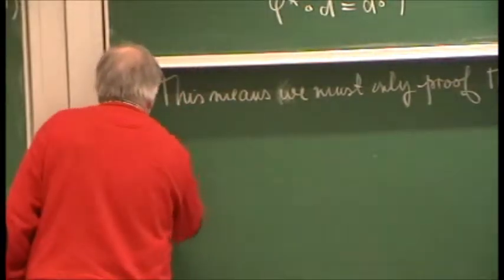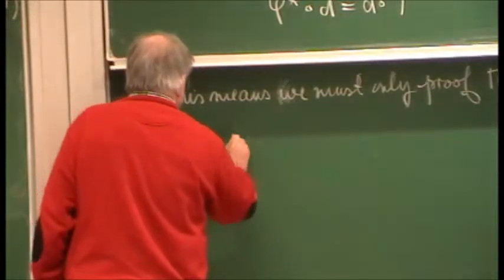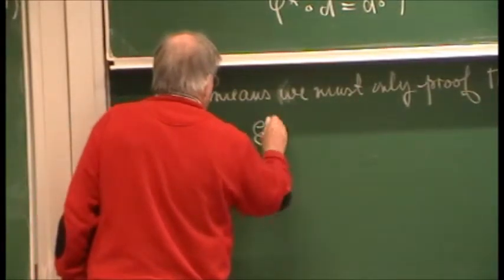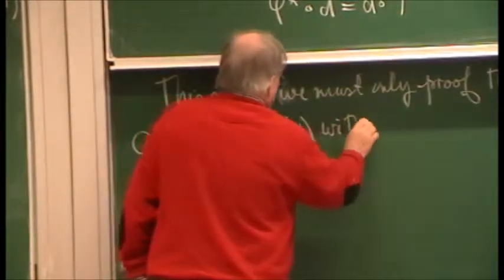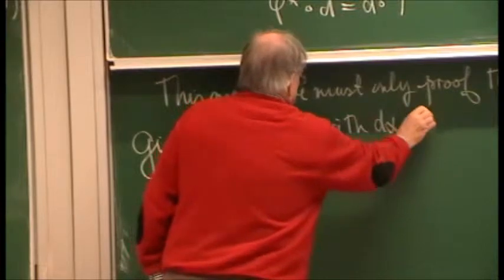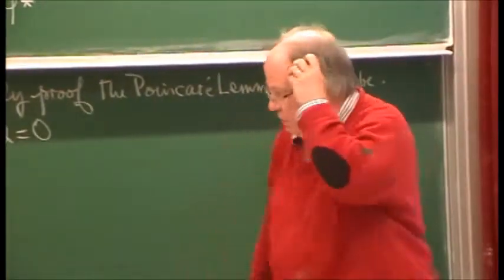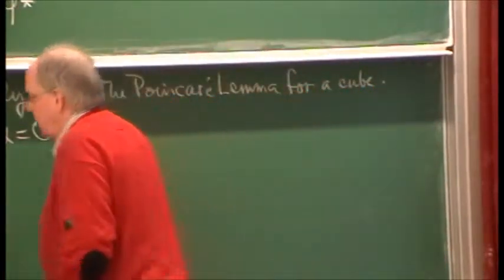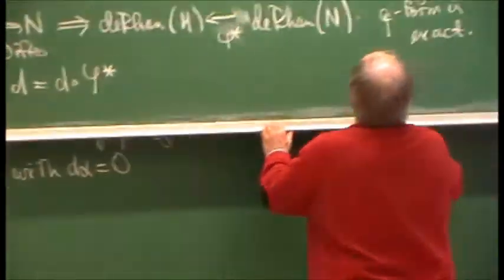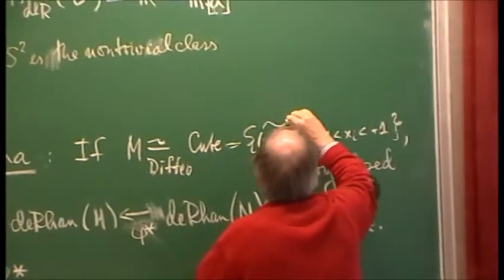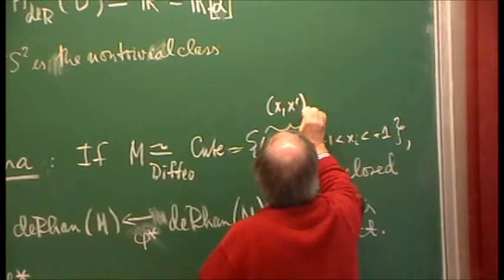So let's say given a q-form alpha with d alpha equals 0. Now it's in a cube, so I really have some variables here, and I'm going to write these coordinates as x1 and the remaining coordinates.